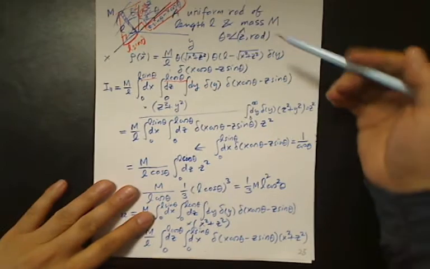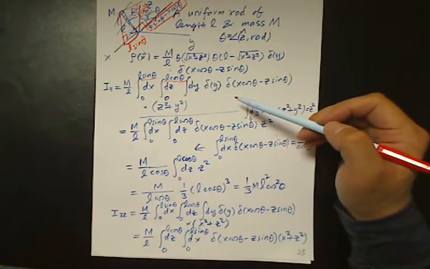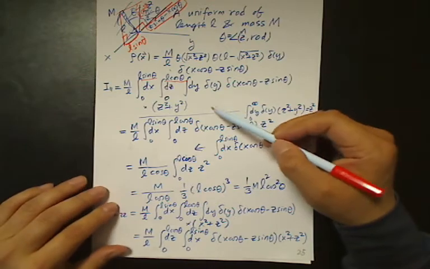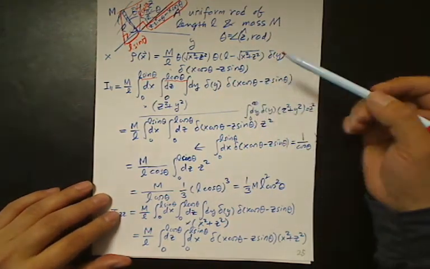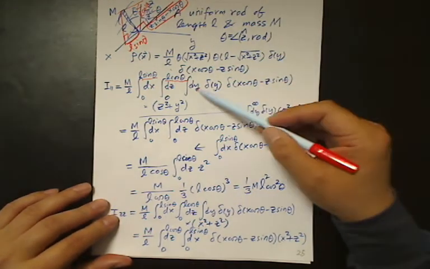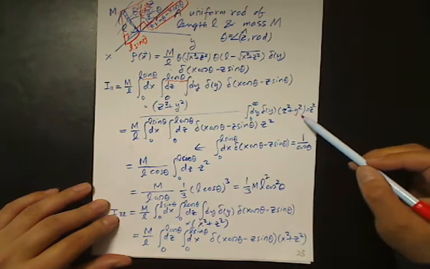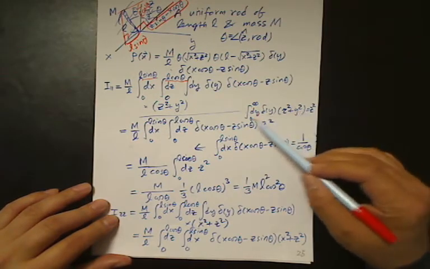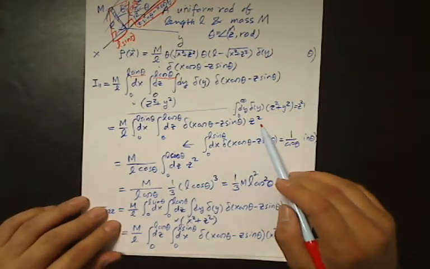Alright, the y integral is trivial. We can carry out the y integration first. After y integration, y becomes 0, so the result is only for z squared.